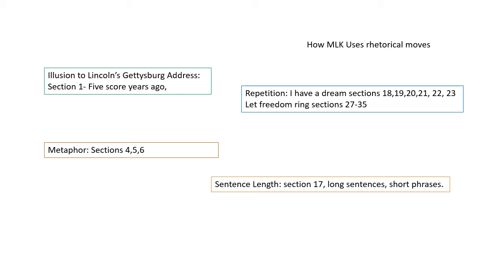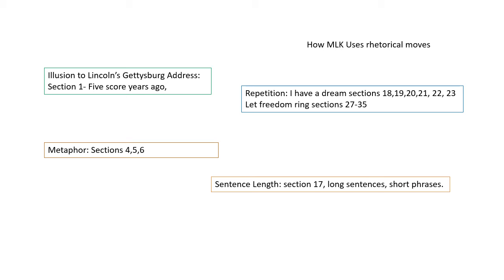It's things that they could have repeated right along with him, right? In that whole Let Freedom Ring section from 27 to 35, every time he said let freedom ring, the people standing right there with him could have said let freedom ring. So it gives people an in to the speech with repetition.